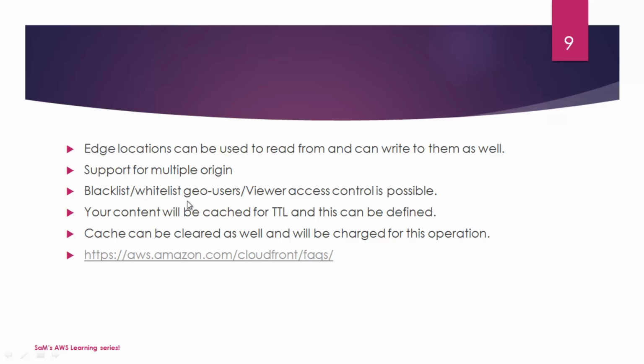You can blacklist or whitelist geo users or viewers, so access control is possible and you can restrict access by people or geographical regions. The content will be cached for the TTL, which can be defined. As I said, the default TTL, time to live, is 24 hours, measured in seconds.